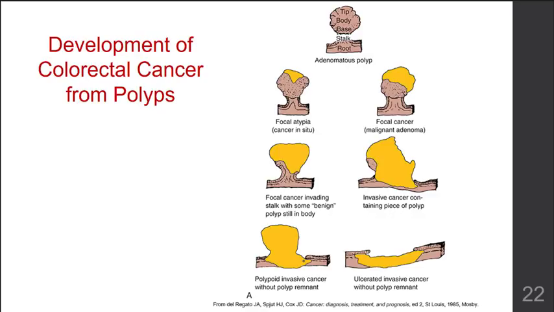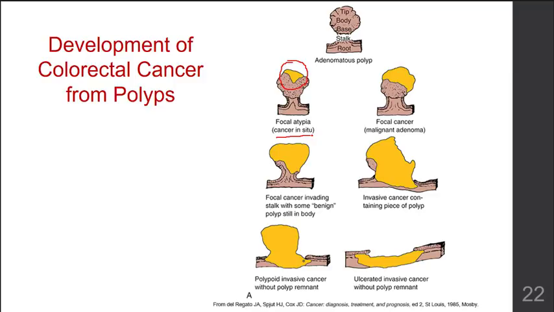And on our final slide, the development of colorectal cancer from polyps. It takes years or even decades to develop colorectal cancer, so it just shows the importance of screening through colonoscopy once you're at a certain age. They start off as these polyps that can become covered with cells that are atypical. So we can see these atypical cells here, or focal atypia, also known as cancer in situ.